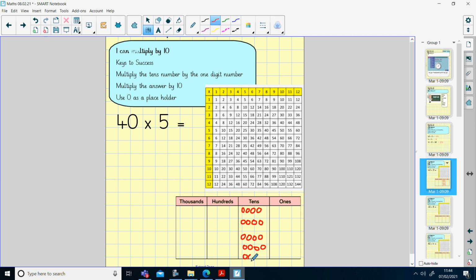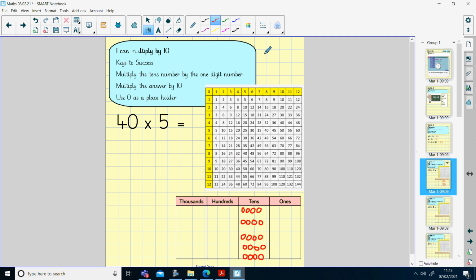So what I can do now is count my counters to see how much I've got. So 10, 20, 30, 40, 50, 60, 70, 80, 90, 100, 110, 120, 130, 140, 150, 160, 170, 180, 190, 200.